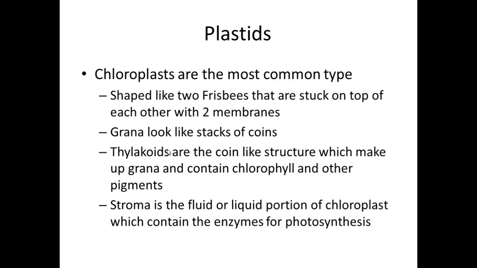And so it has two membranes. Within there it has grana, which looks like a bunch of stacks of coins. Those individual coins are called thylakoids, and they contain the chlorophyll and other pigments which are important for photosynthesis. It also has a fluid component called stroma, which has all the necessary enzymes and parent material for photosynthesis.